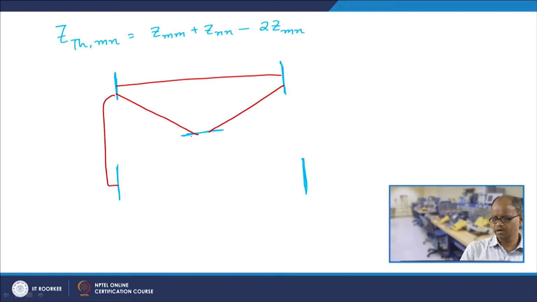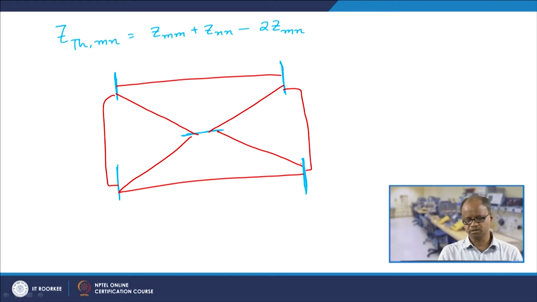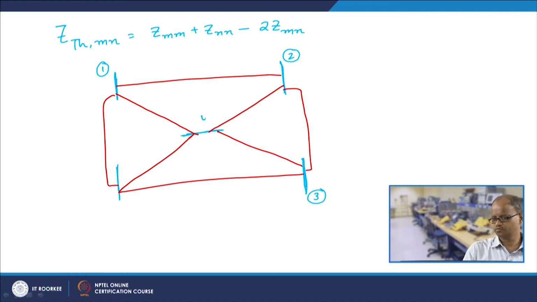There can be any kind of connection. I am just taking these connections, made it a highly meshed circuit. So, it does not matter. Let us say this is bus 1, 2, 3, 4, 5.